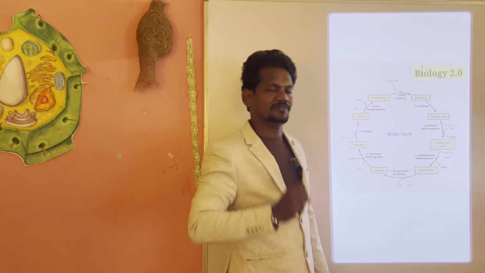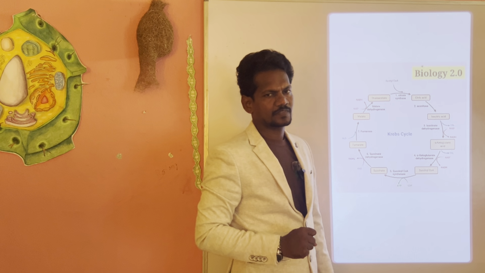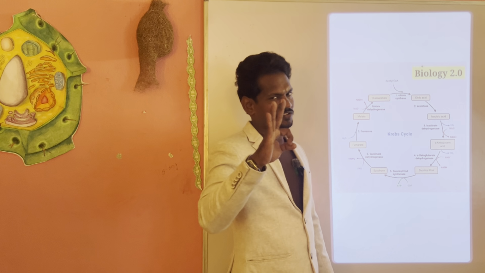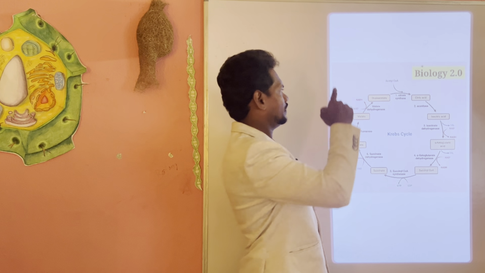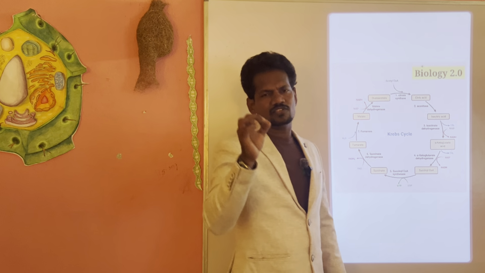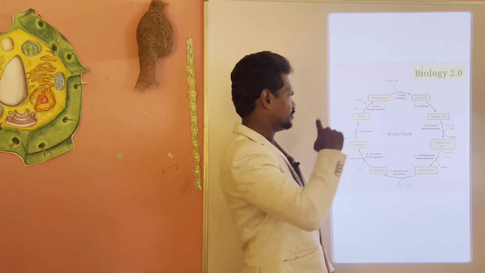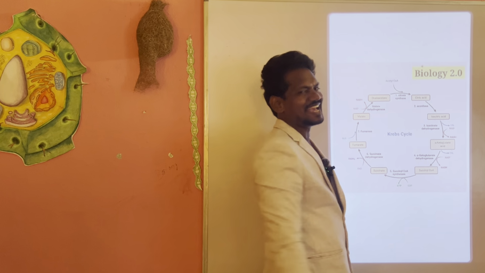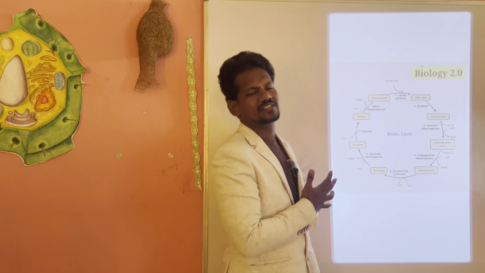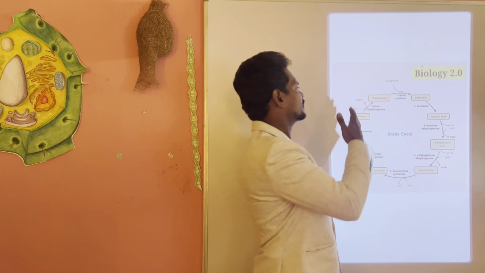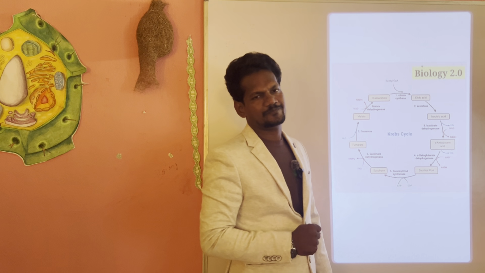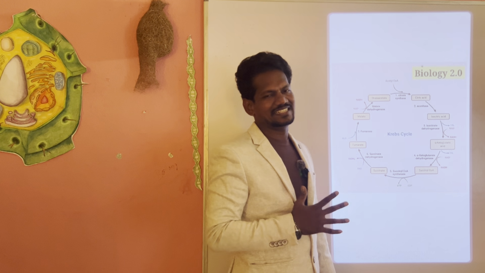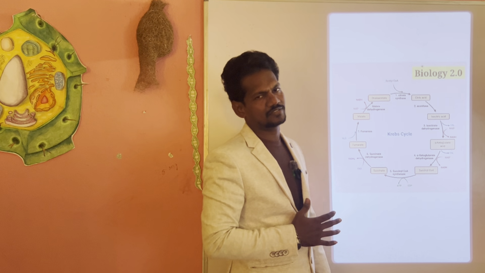This is the first step in the Krebs cycle. This citric acid is a tricarboxylic acid, which is why it is called the TCA cycle. Here one enzyme is involved, called citrate synthetase or synthase. Citrate synthetase is involved in this reaction.